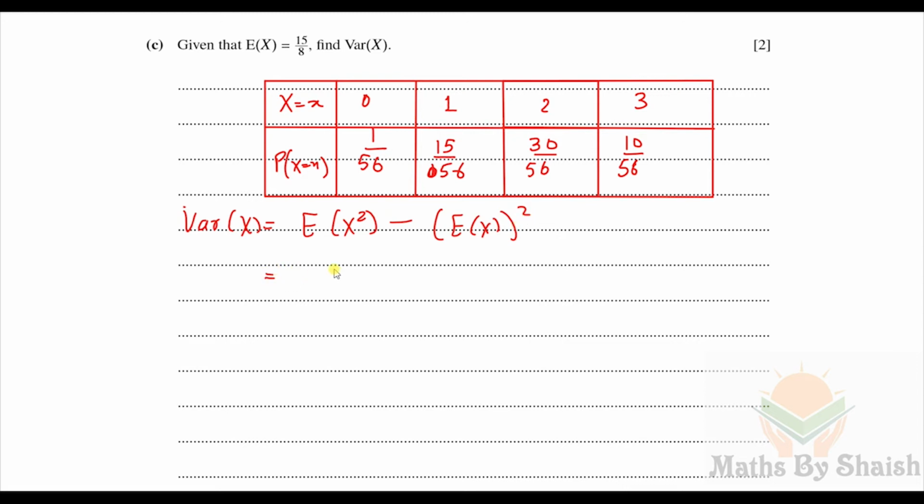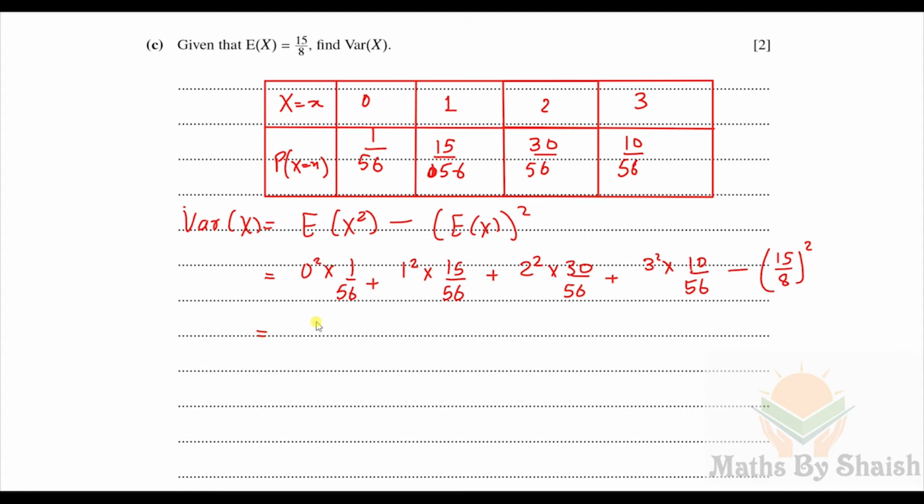So expectation of X square means 0 square into its corresponding probability plus 1 square into its corresponding probability plus 2 square into its corresponding probability plus 3 square into its corresponding probability, minus the square of the expectation, that is 15 over 8, given. Otherwise also we could have calculated it by multiplying and adding them all.